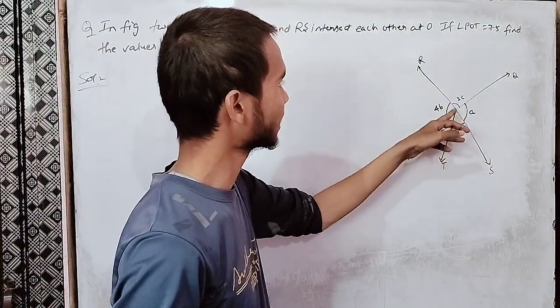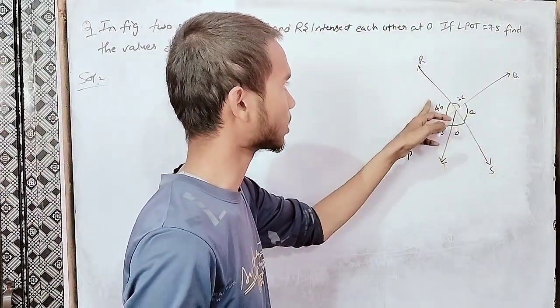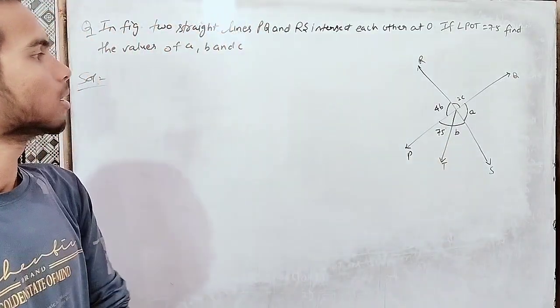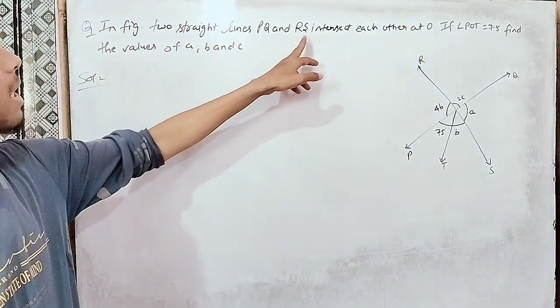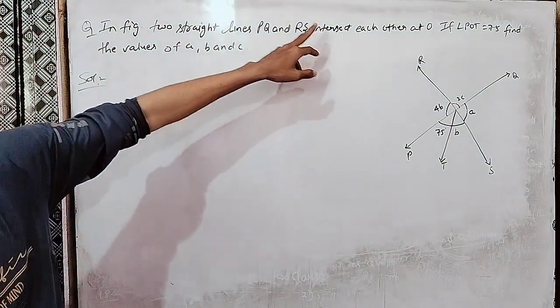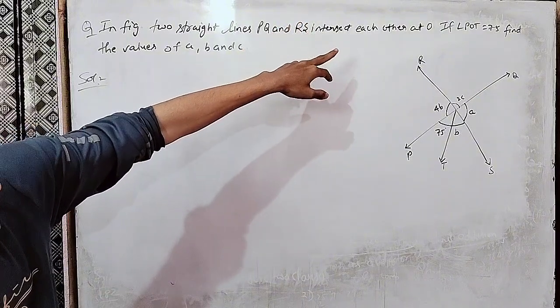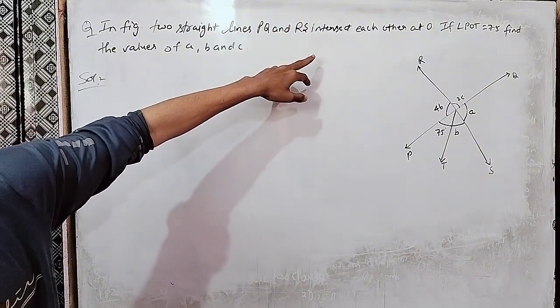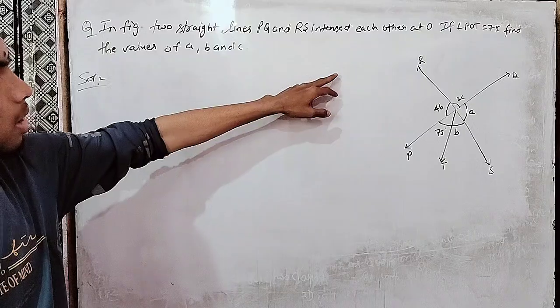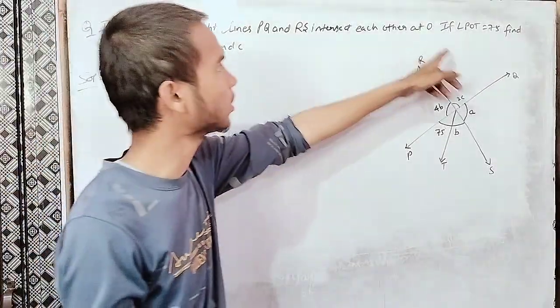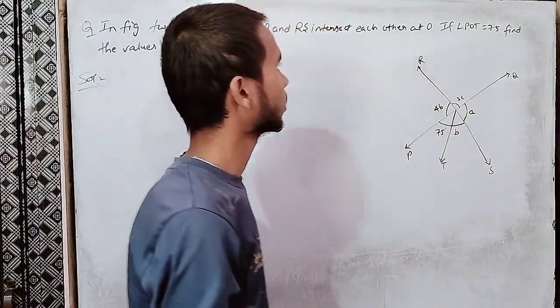This straight line is a sum of this angle, this angle, this angle, and this angle. PQ and RS intersect each other at O. Yes, we are observing.